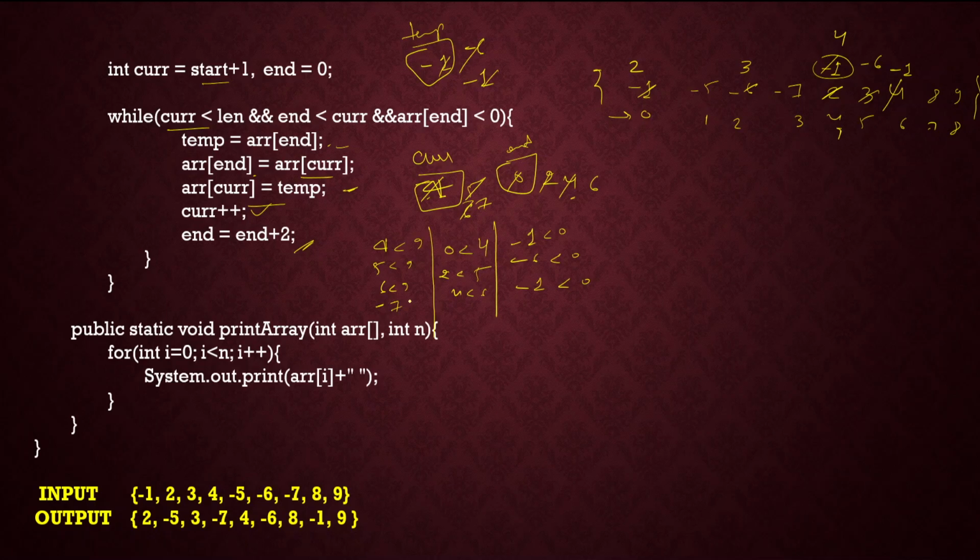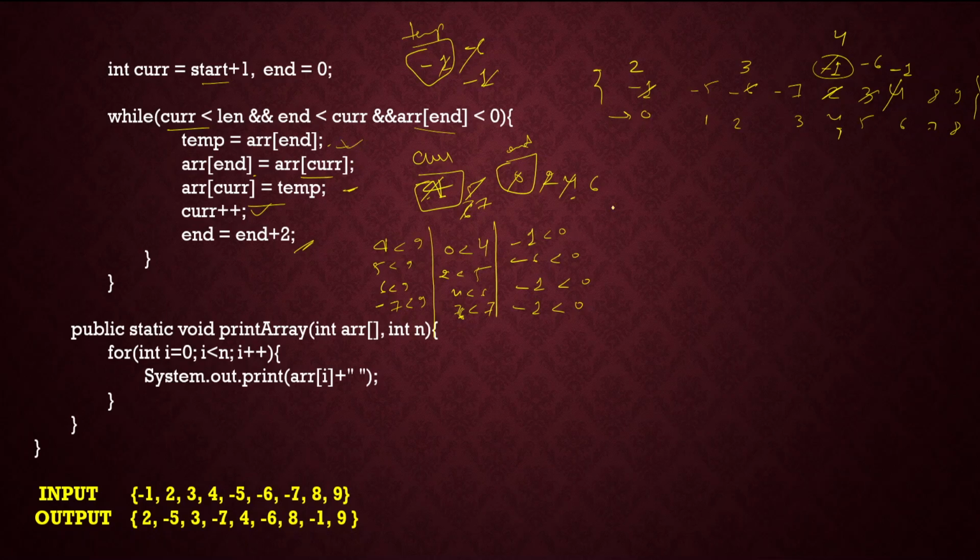So now current is 7, less than 9. Correct. 6 is less than 7. Yes, it is correct. The value of array of end, which is 6, is -1. Again it came -1, less than 0. Yes, it is correct.